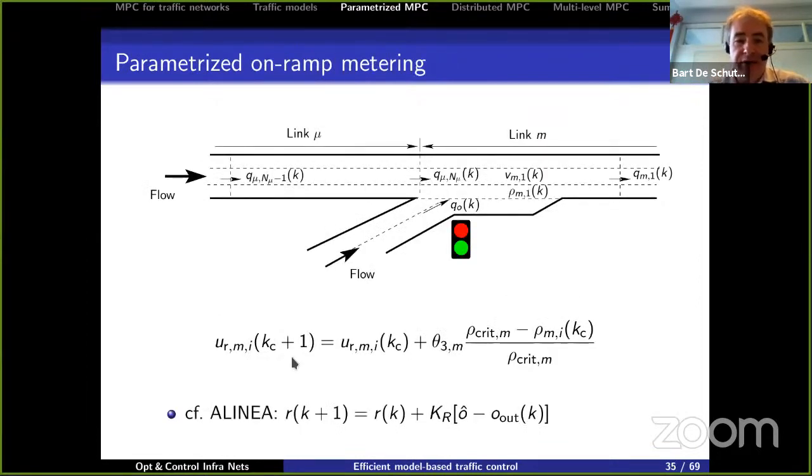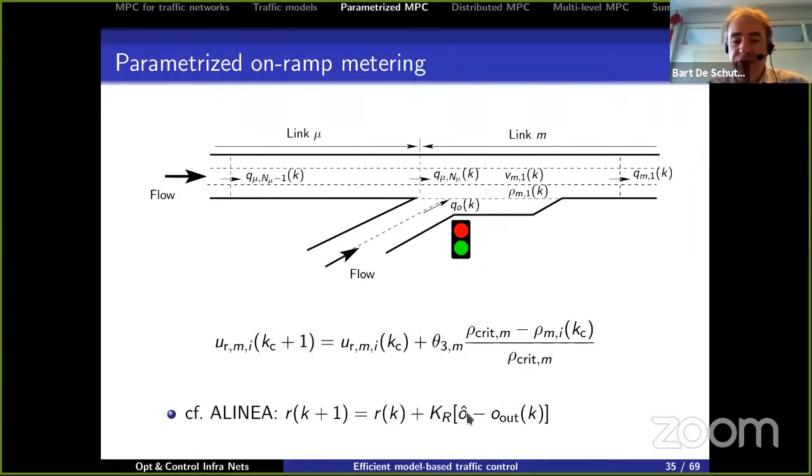We can also look at an on-ramp, and there we can use a kind of a proportional controller. So we look at the difference between the critical density and the current density, and that we parameterize and use it as an update of the current ramp metering rate. And actually, there's a very famous strategy for controlling freeways. It's called Alinea. It was also developed by Professor Papageorgiou, where the current ramp metering rate is updated with a value which is this occupancy.